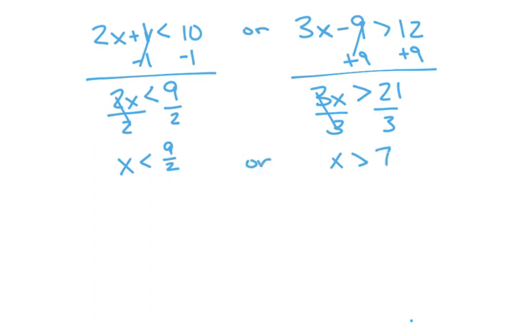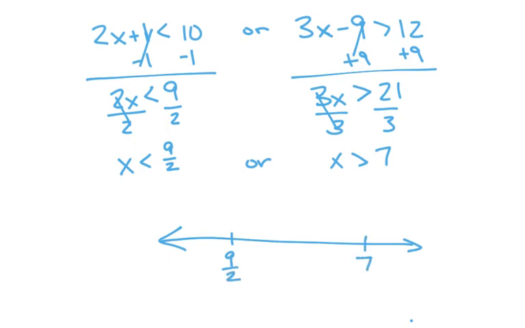Now this is an OR statement. OR statements work a little bit differently in that only one of them has to be true for that to be a solution. So x is either less than 9 over 2 or x is greater than 7. When we go to look at our number line for this one, we have to keep that in mind. I'm going to have a point for 9 over 2 and a point for 7.